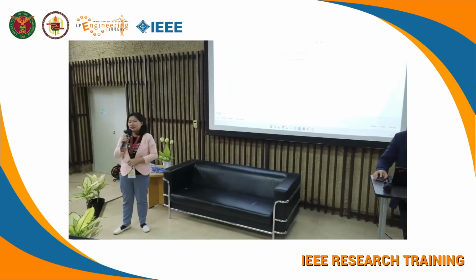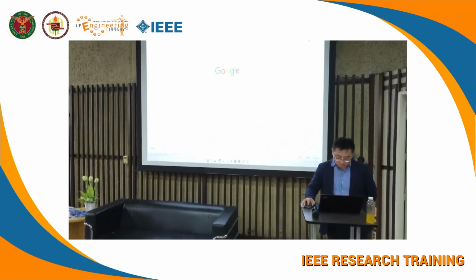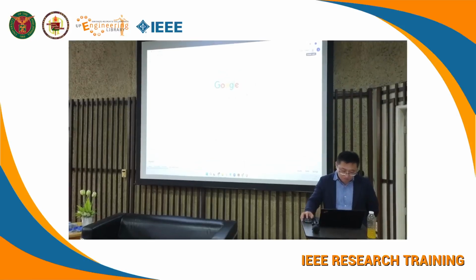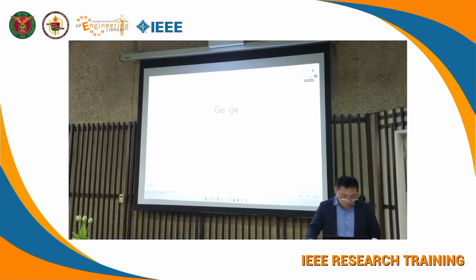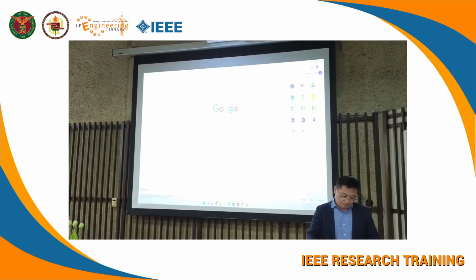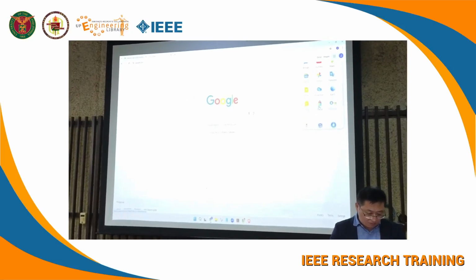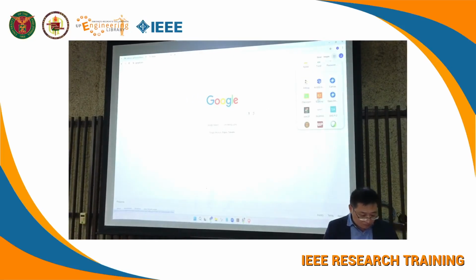You did. Okay, that's good. So as you can see, when you log into your UP Mail, there's an app launcher at the upper right corner. That's that 9 dots there. So if you click that, you will see the different apps that you can avail, including the Remote Access Portal. It's the easy icon there.